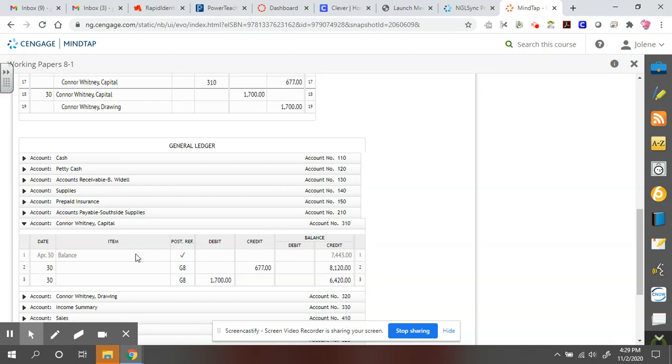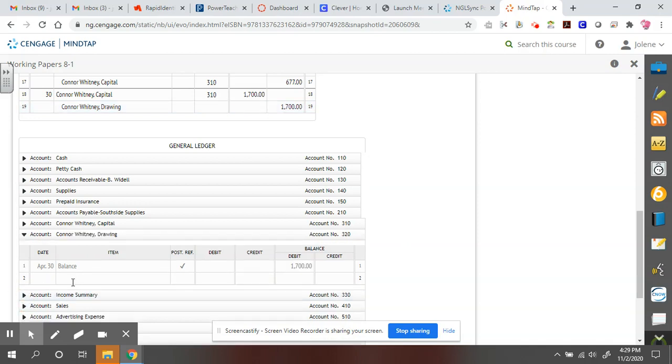All right, capital is what's still to be paid to the owner. So they still have money in their account. That's account number 310. Now the capital account doesn't get closed out, just the drawing account. You want to have money that keeps going. That's a good thing to have money that keeps going on in your capital account.